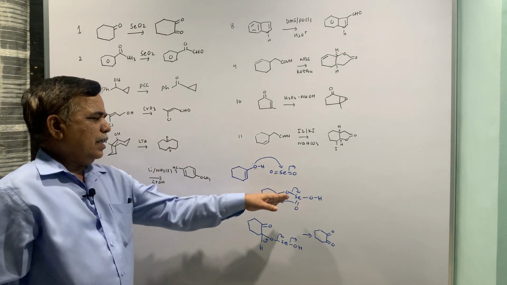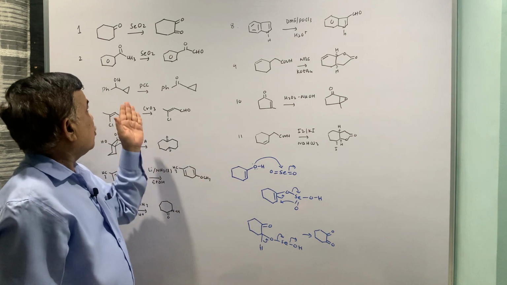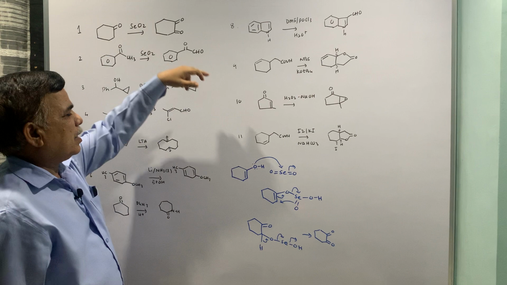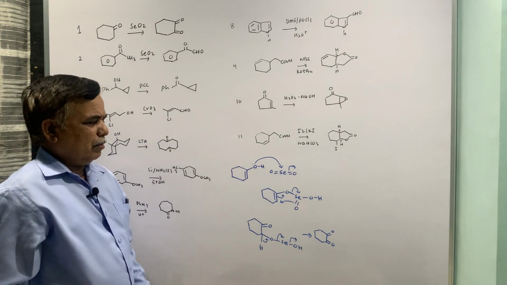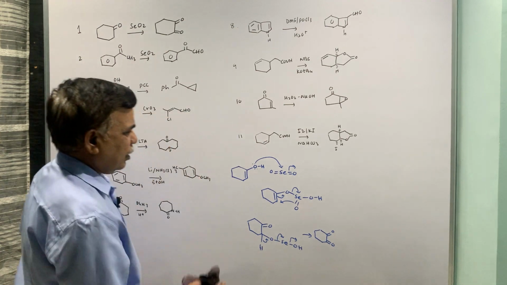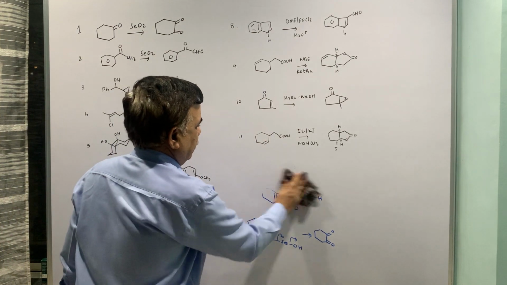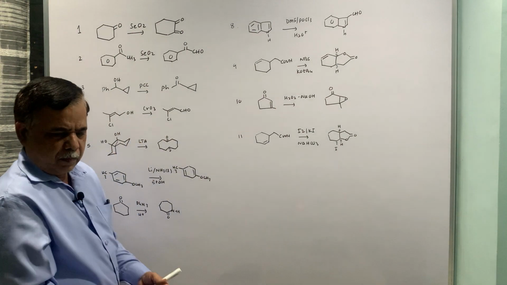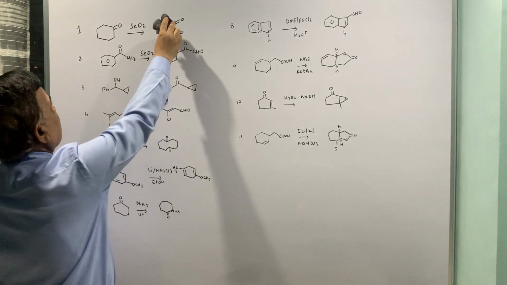So this selenium ester, you can show it this way also, like abstraction of this proton and then that O minus is attacking on selenium. So it is one and the same. So this is the first example. Now the second example.